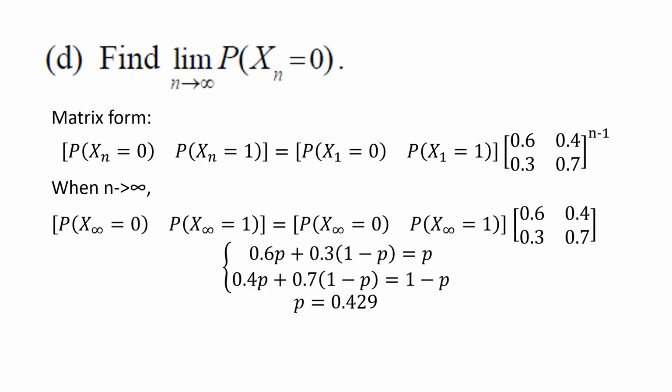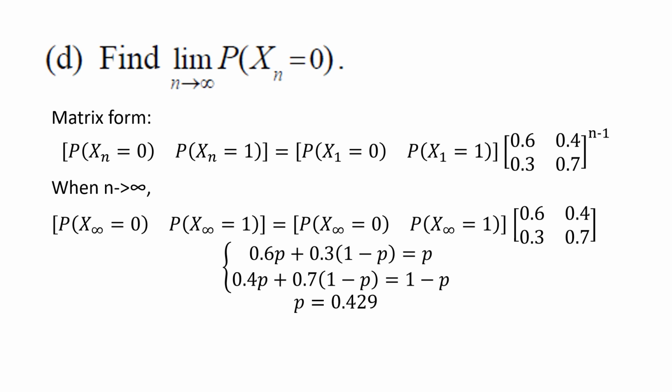And the last question is to find the probability of xn equals 0 when n is infinite. We will first use matrix form to represent the connections between the probabilities of xn equals 0 and xn equals 1, and the probabilities of x1 equals 0 and x1 equals 1.